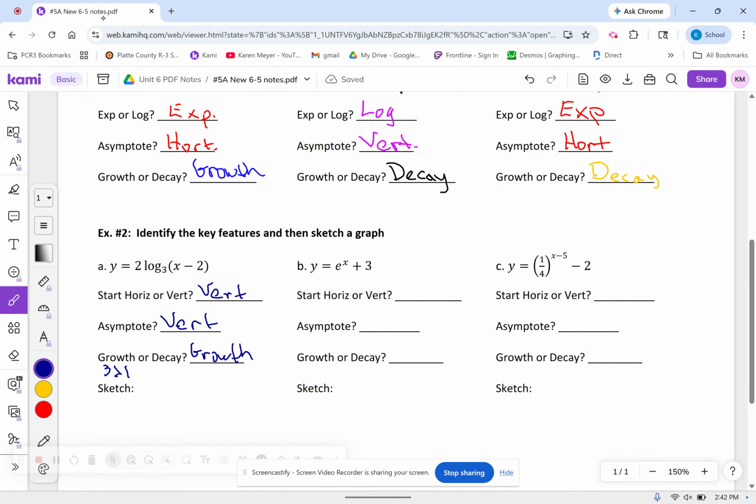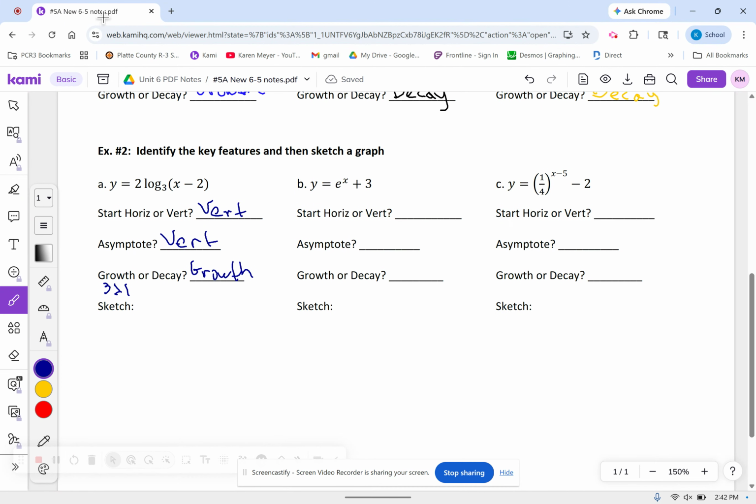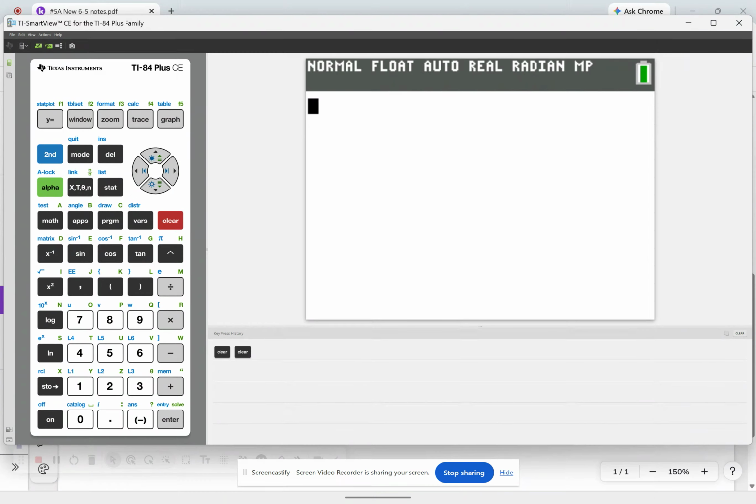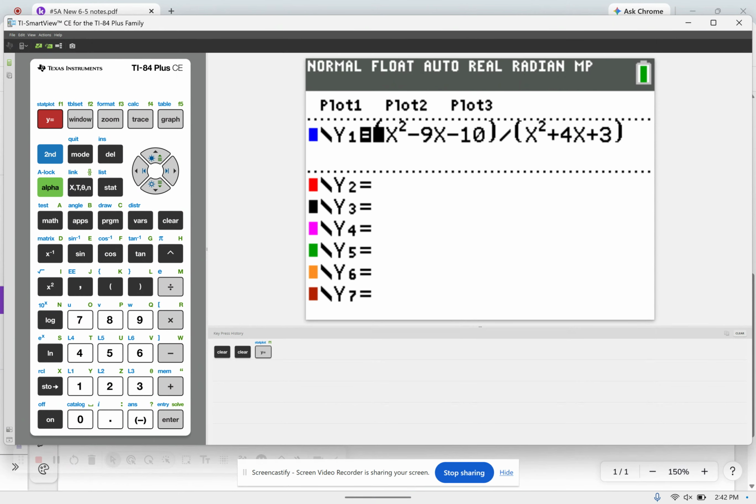Okay, now to sketch it, we are going to use a graphing calculator to help us. So here's my graphing calculator. We're going to go to the y equals key, clear out anything that's there. Okay, so I'm going to type in my 2 first.